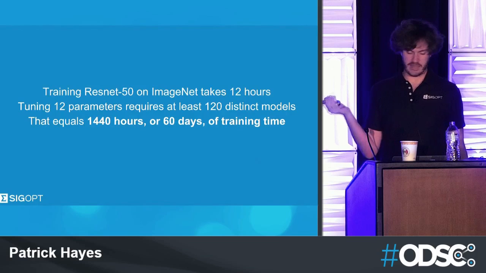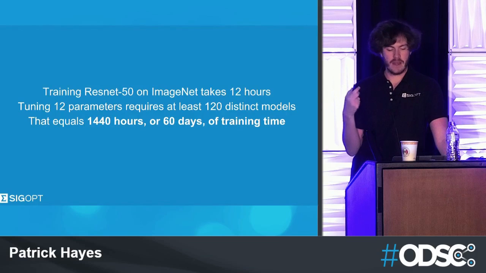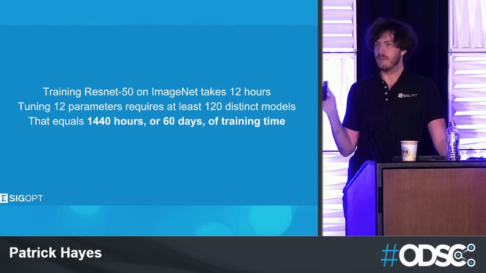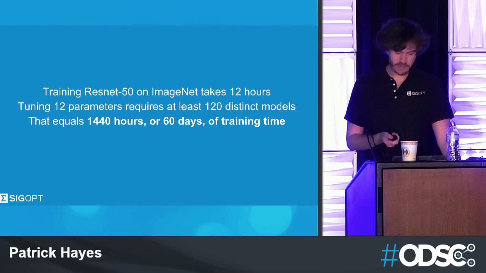So we can put this in context with a case study. With TPUs, you can train ResNet 50 on ImageNet in about 12 hours. We don't need to know the exact algorithm, model and times, but this is reflective of a real use case.